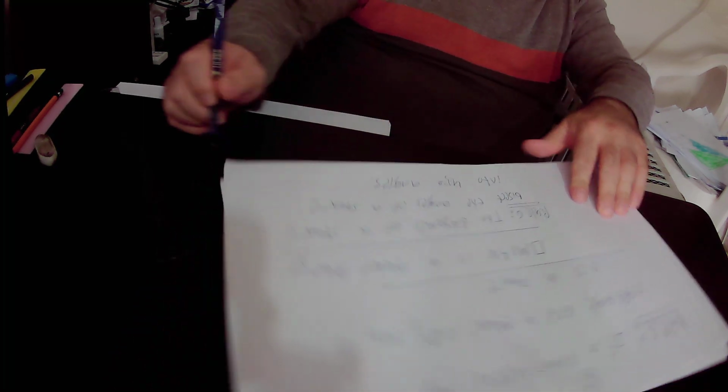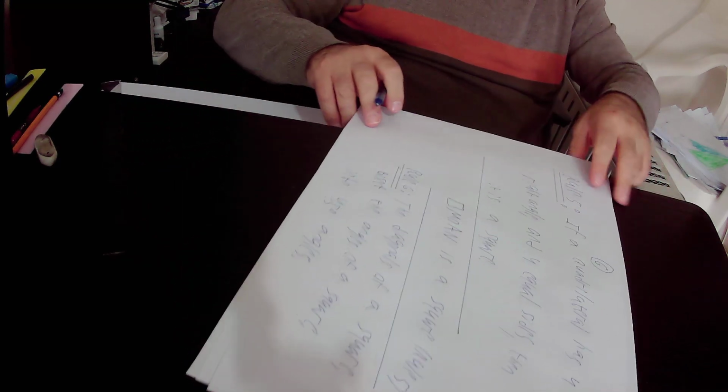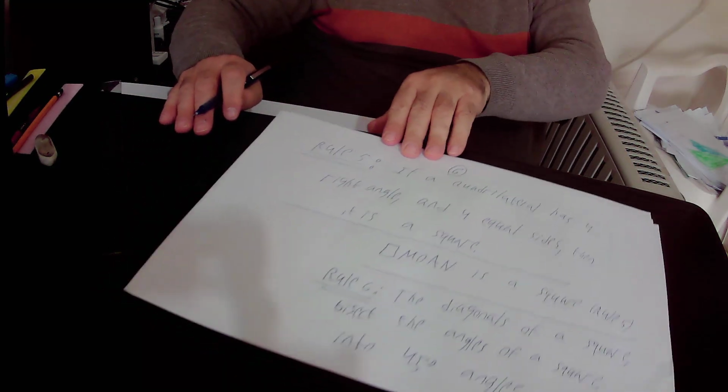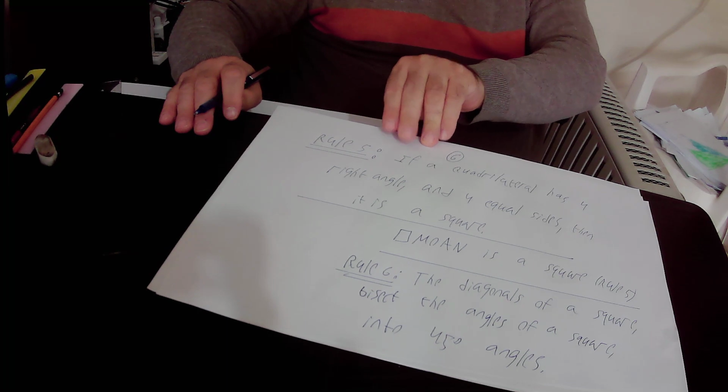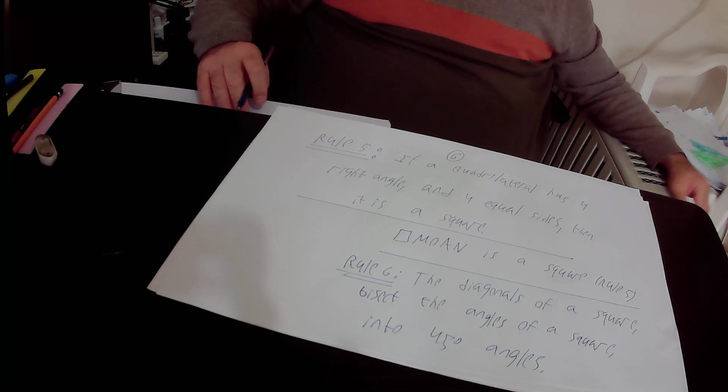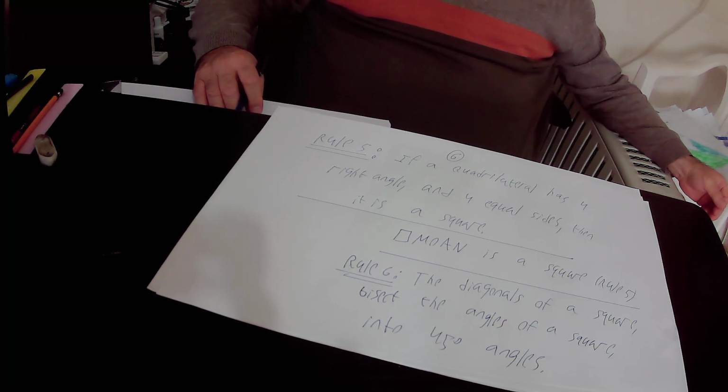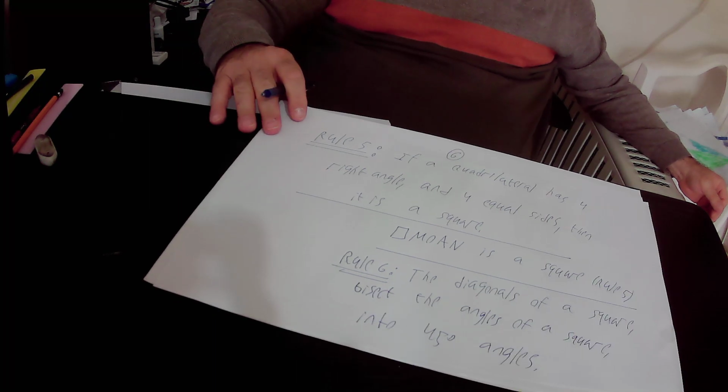I will repeat rule number 6 again. According to rule number 6, the diagonals of a square bisect the angles of a square into 45 degrees angles.